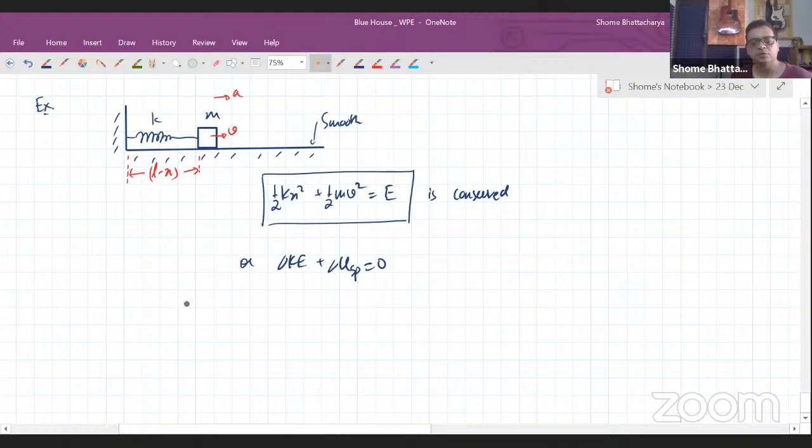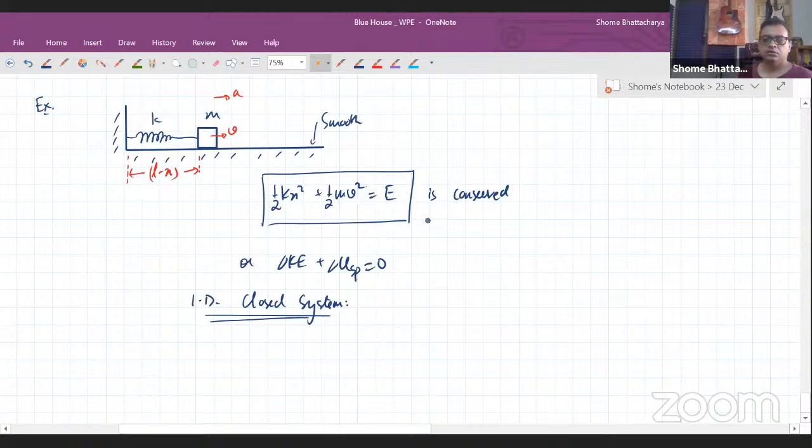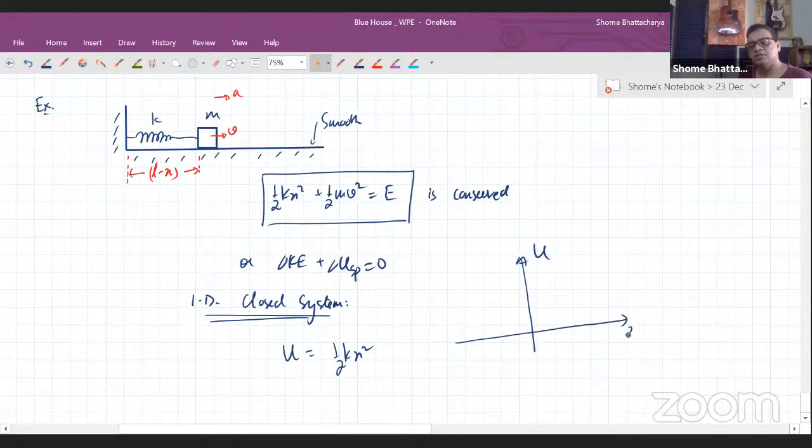So this is an example of a one-dimensional closed system because only internal conservative force acts on the body. The net external force because of mg and normal reaction is zero, and there's no non-conservative force. So for this system, the potential energy is half kx square. So if you look at the potential energy graph versus x, you can see that it's a parabolic graph like this.